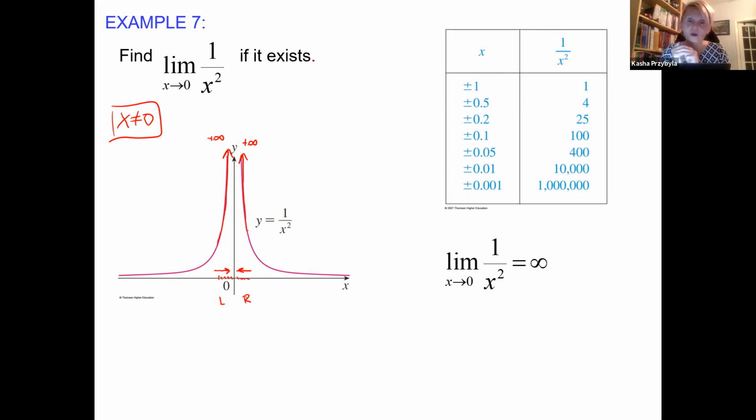But since the graph doesn't really stop or approach one finite number, I can also say that the limit is undefined. The limit does not exist as one finite number. And both of the answers are correct.